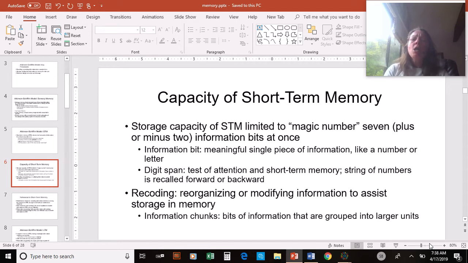And so the way that we know the storage capacity of our short-term memory, this kind of attention span, is by what we call digit span. That would be like if I were to read off a list of numbers to you, and you couldn't write them down. You just had to sit there and pay attention to this list of numbers.